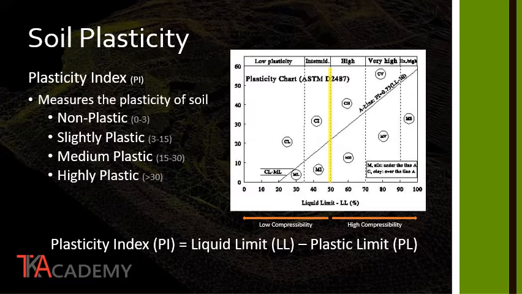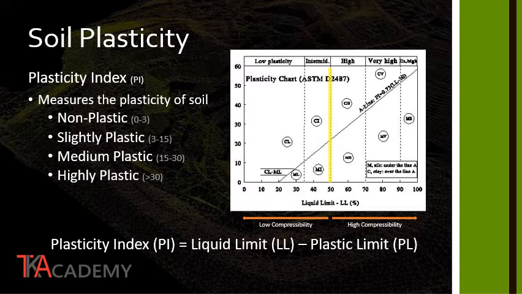The Atterberg limits are used to define the soil plasticity. The plasticity index, which is identified by the letters PI, is simply the liquid limit, LL, minus the plastic limit, PL. The plasticity index is used to measure the plasticity of soil. Non-plastic soils have a very low index of 0 to 3.